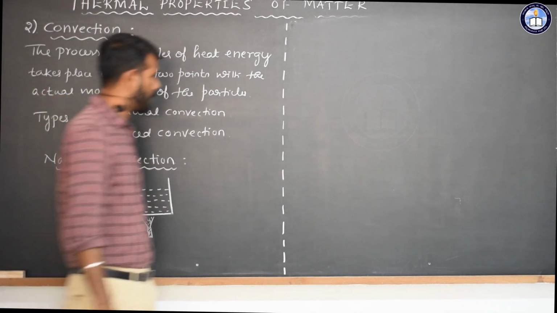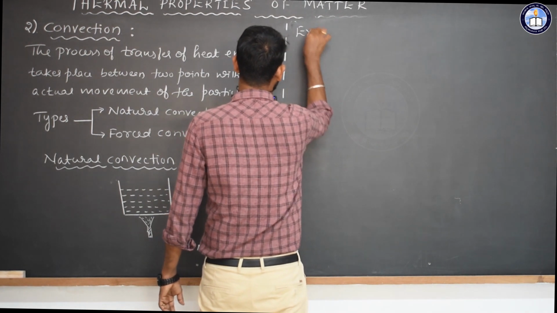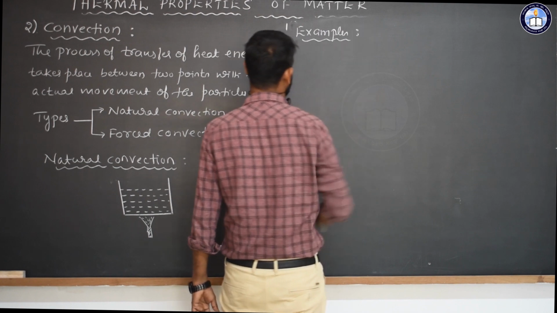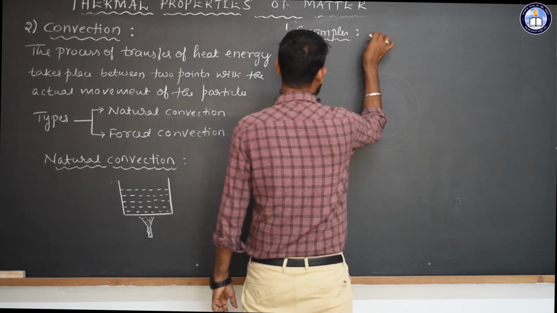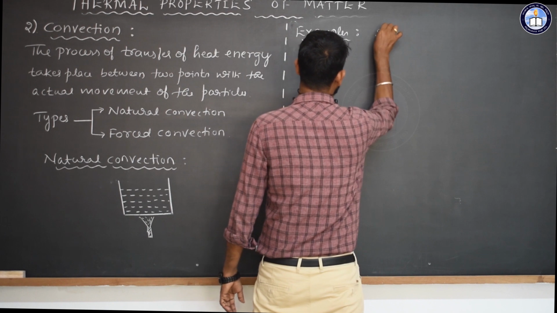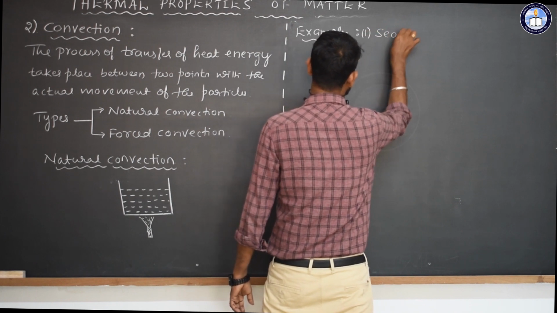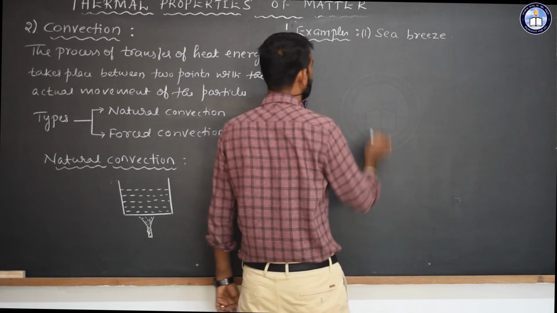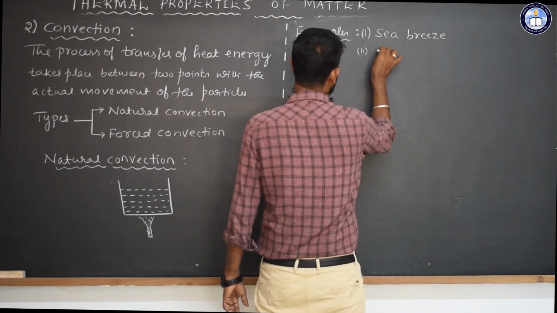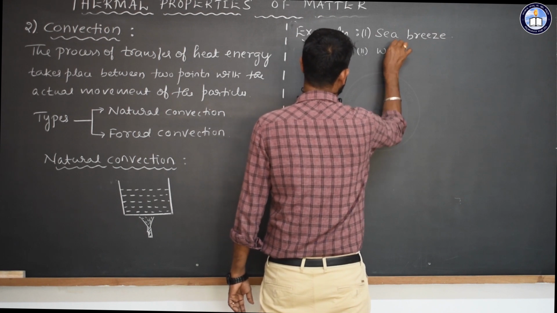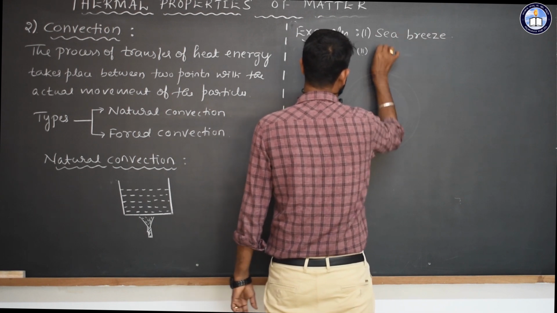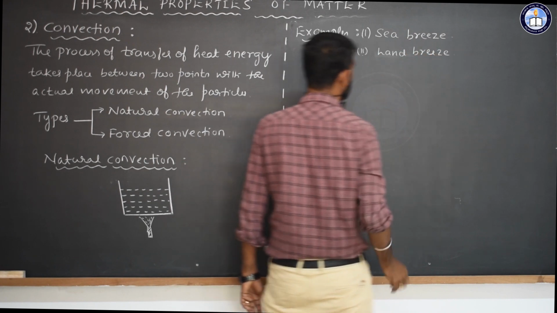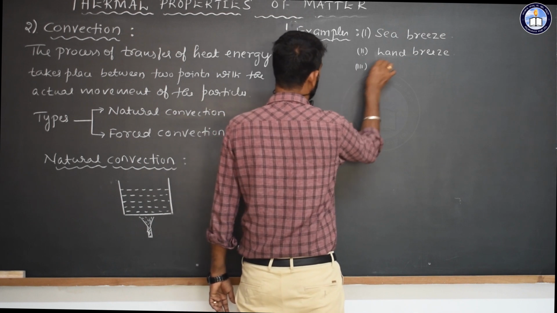So some of the examples for natural convection in the atmosphere or in nature are sea breeze, land breeze or wind trade.